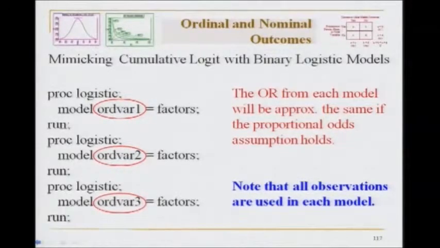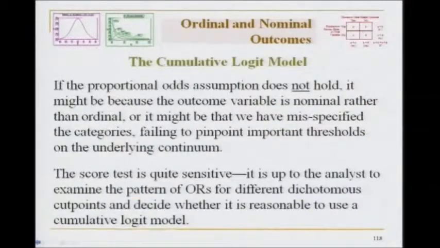Everybody's in all of these. Whether it's ordvar 1, 2, or 3, only where I drew the category cut points in the outcome variable changed. What do I expect to see then? If the proportional odds assumption holds, I should get approximately the same odds ratios across these 3 models. It doesn't matter where I draw the cut points.